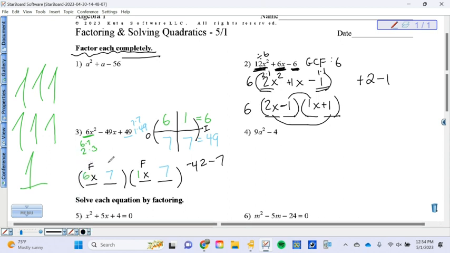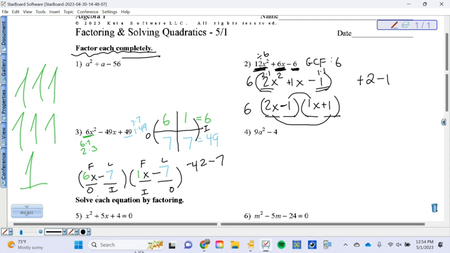These are last times last. These are my outers. Those are my inners. Preferably, I like to ignore those. I just kind of remember. That's fine, right? Okay, and then I put minus because I needed them both to be negative.